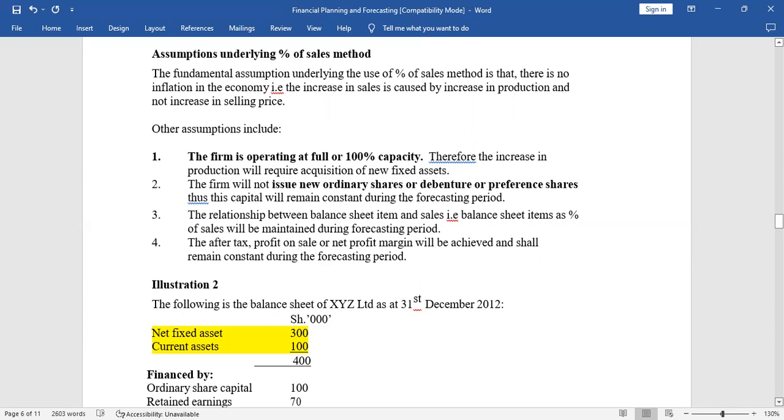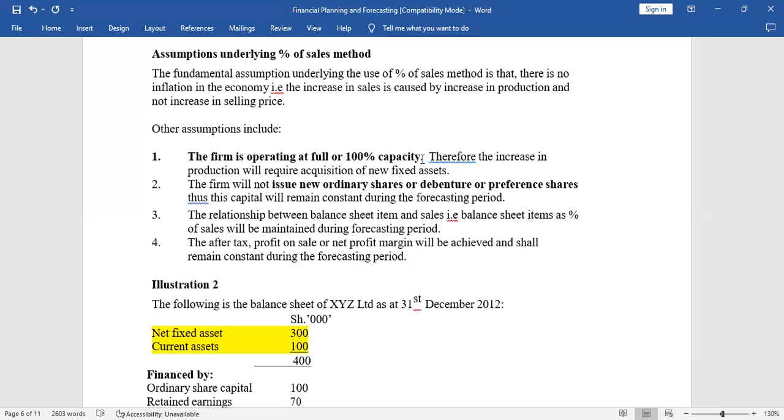Then we have other assumptions. We assume that we have what we call the classical optimization, where the firm or the business is operating at 100% capacity. So there are no chances of pilferage or wastages. We are utilizing our fixed asset 100%. Then number 2, the firm will not issue new ordinary shares. So we said we are riding on sales, and therefore we assume that we are not increasing our capital by selling the different classes of securities.